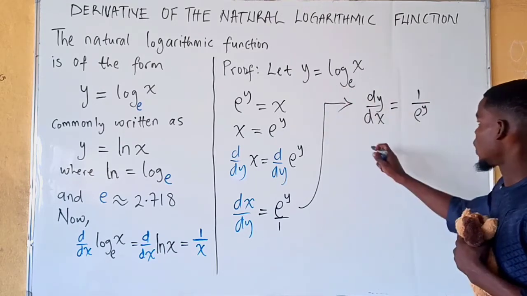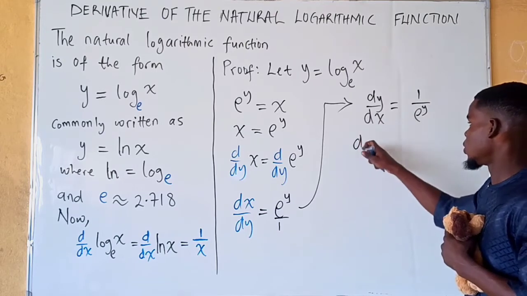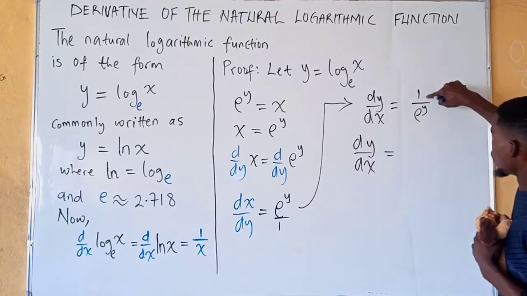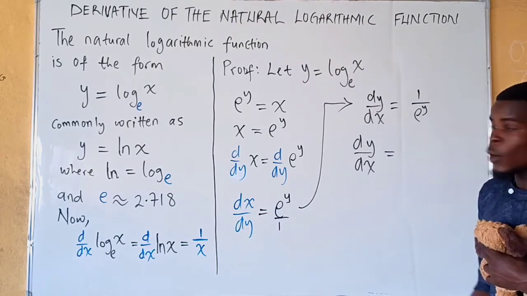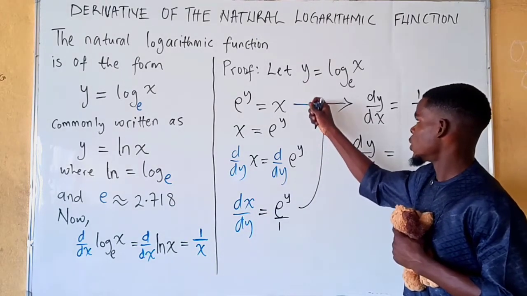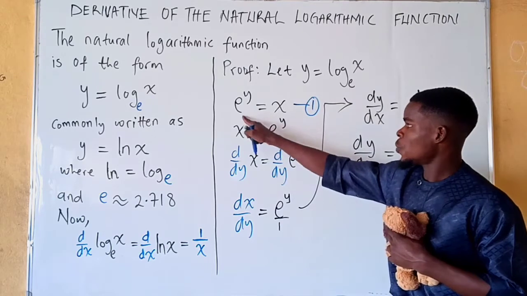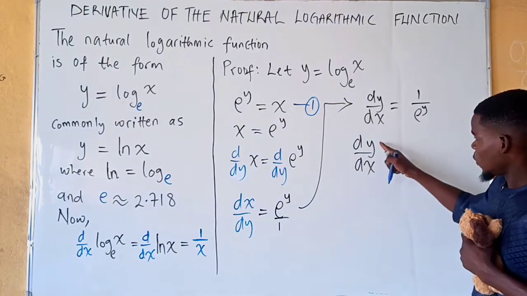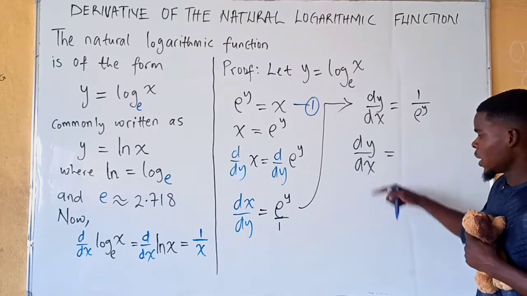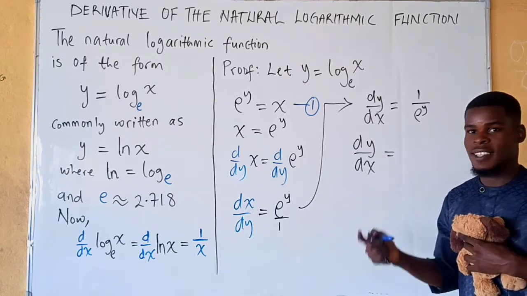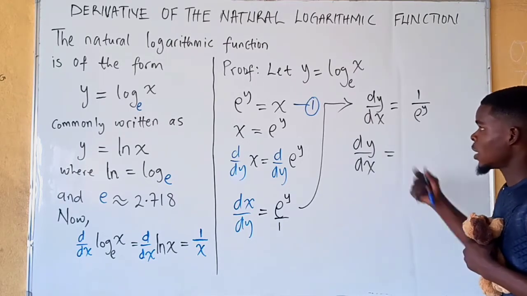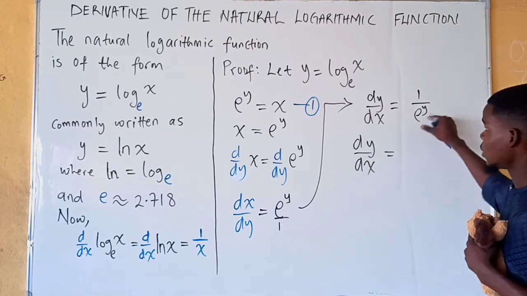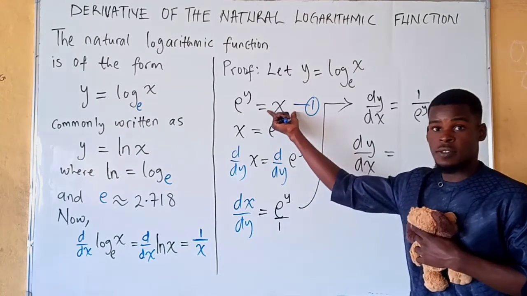Good. Okay, so let me put down the notation one more time. We have 1 over e to power y. Well, from this equation, maybe I call this equation 1, e to power y is equal to x, all right? Since we are looking for the derivative of the function y with respect to x, we always write the result in terms of x. So we want to replace this term in terms of y with something in terms of x, which is gotten from equation 1.